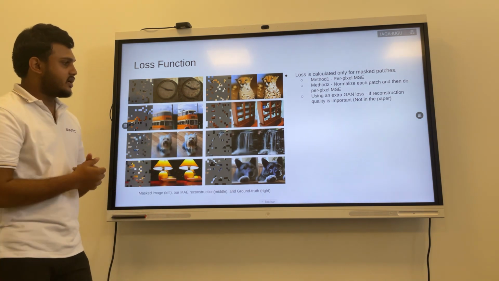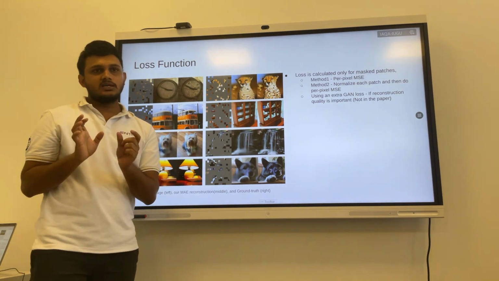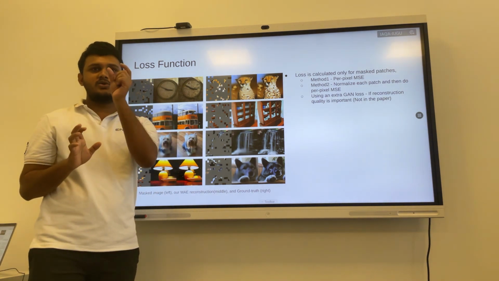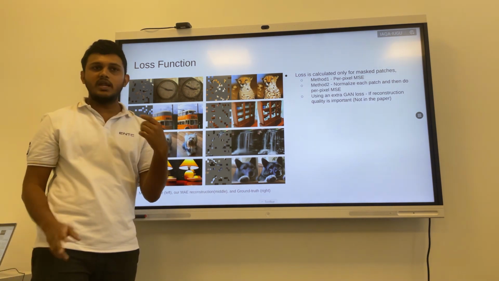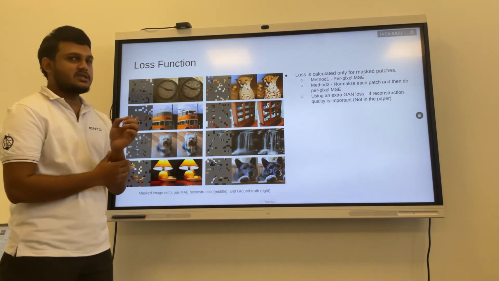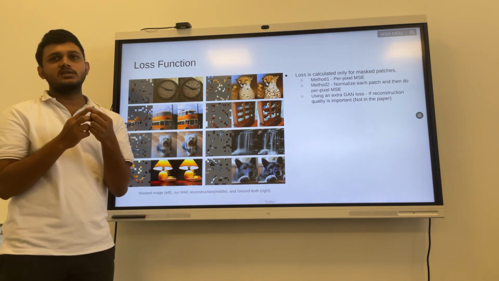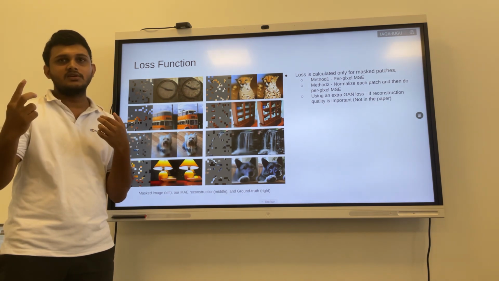And also think of this: when it comes to language, if we mask out a single word, the mask token will be, let's say, one of a million words. But when it comes to vision, if we think of a pixel level reconstruction, one pixel can be one of 256 times 256 times 256 values.